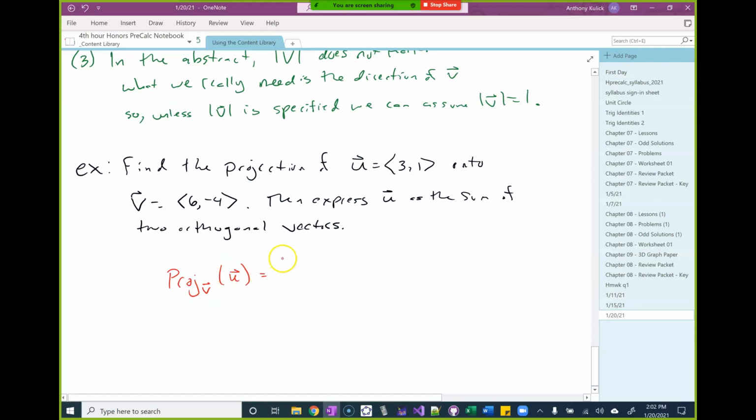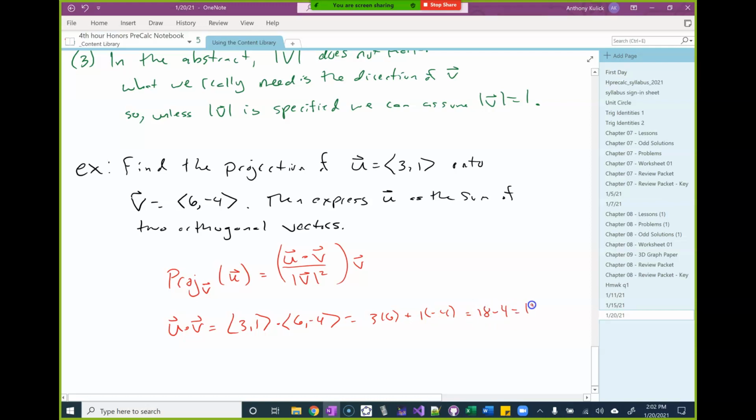So U dot V is going to be 3 times 6 plus 1 times negative 4, 18 minus 4, or 14. V squared is going to be 6 squared plus negative 4 squared.